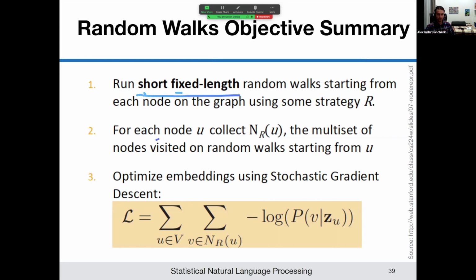Then for each node you collect neighborhood, and then you optimize this negative log likelihood criteria loss function using stochastic gradient descent, or it's just a sum over all nodes and over all context for each node.